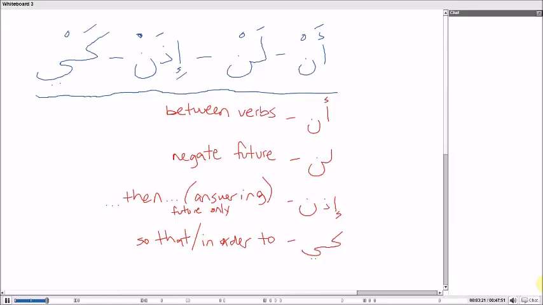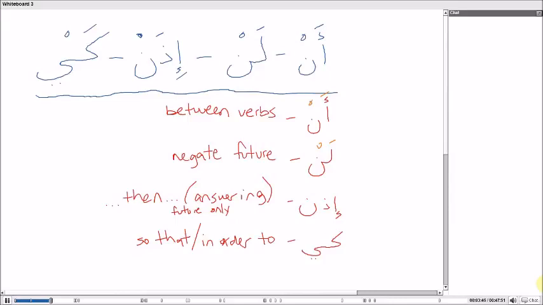We said an is something which comes between two verbs. So uridu an adhhaba, I want to go. You don't say uridu adhhabu, you say uridu an adhhaba. And adhhabu becomes adhhaba because of the an.